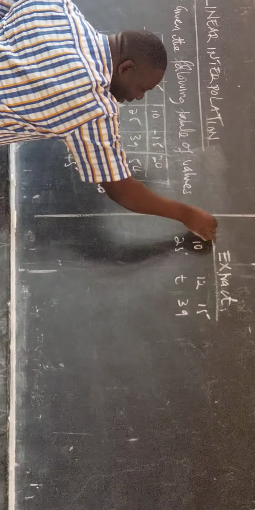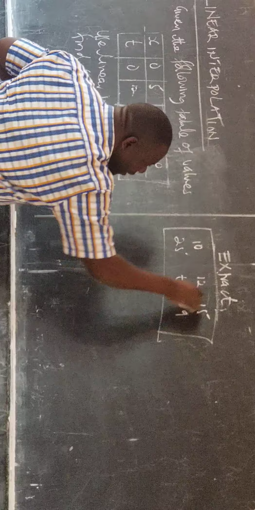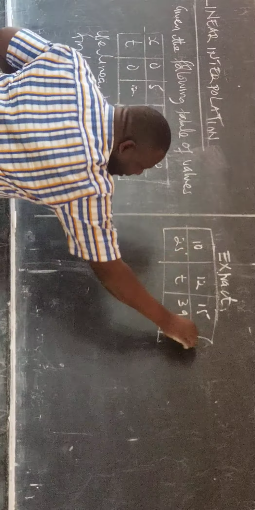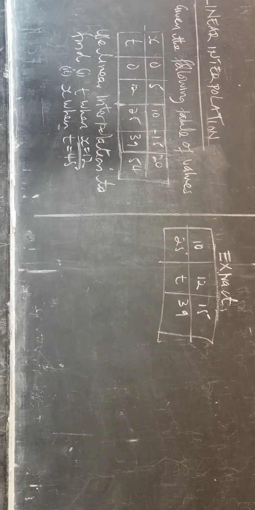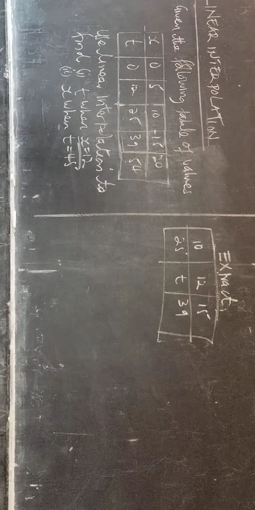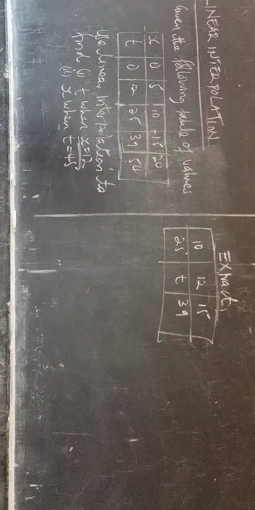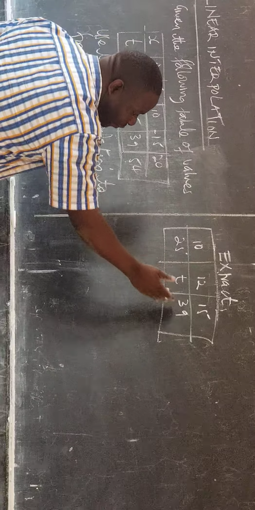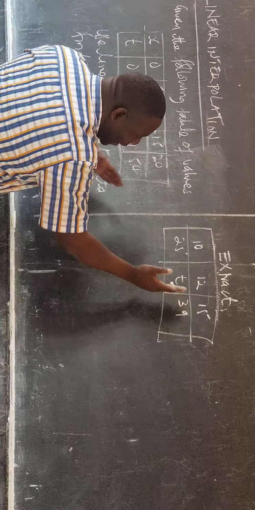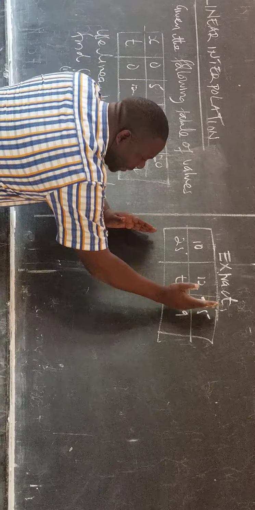So when we have that extract, we can use it to obtain the value of t when x is 12 using the method of the gradient, that is the change in y over change in x. We can compare this set of values.